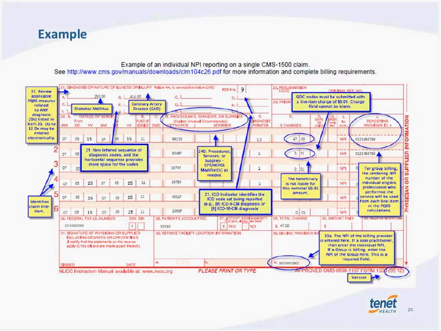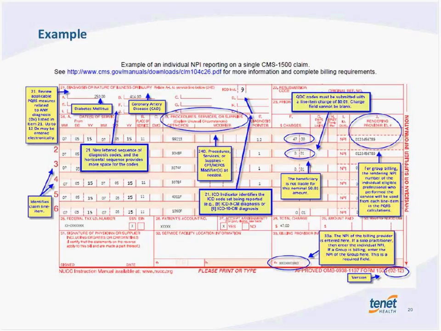This example that we pulled from the CMS website will show you a completed 1500 form with your Category 2 codes listed. You'll note this practice on line 1 was going to report an office visit of 99213 for diagnosis of diabetes 250.00, which triggered them to use their Category 2 codes for the specific measures that they had selected to report on.